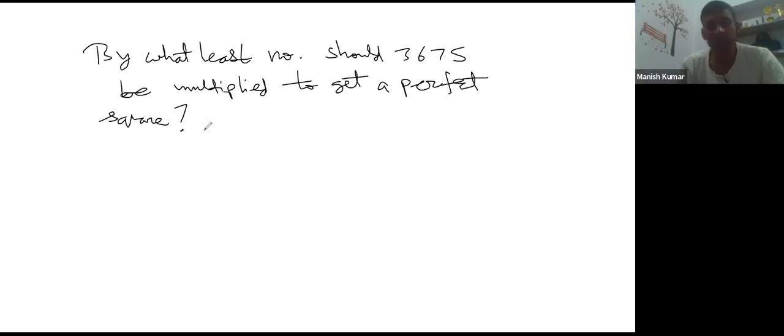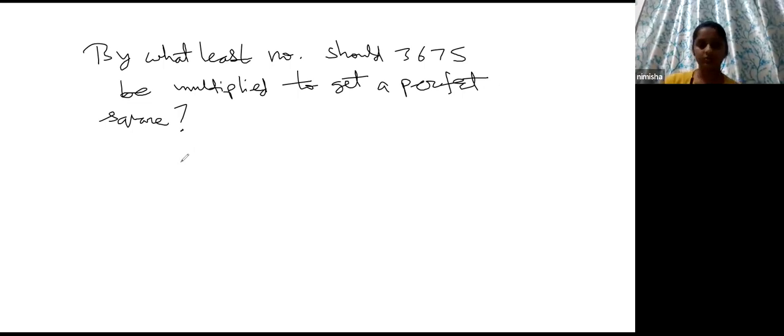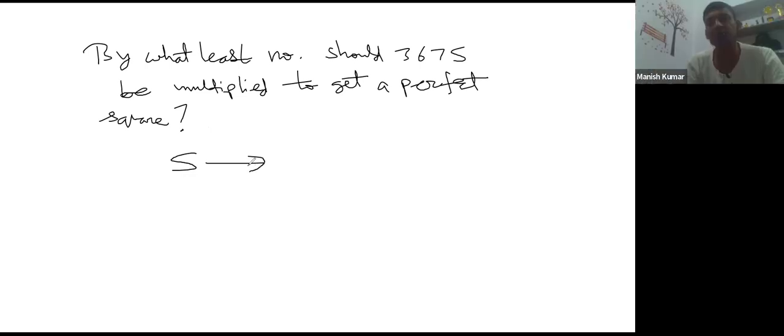Okay, Nimisha, Samarth, any idea how to get it? By what least number should 5 be multiplied to get a perfect square?